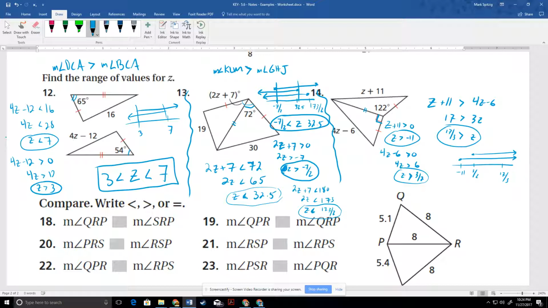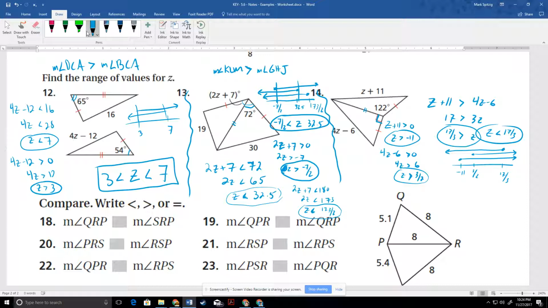Did I mess up here? Oh, this is different. It's not bigger. This is the other way. So in other words, 17/3 has to be greater than z. So I can flip this and just say z is less than 17/3, right? Again, everything's the variables on the left easier for me to read anyway. They're the same thing. So 17/3 is here, so anything to the left of it.